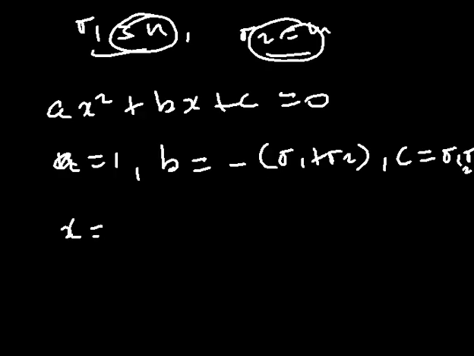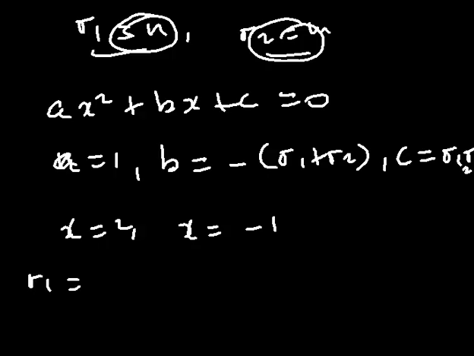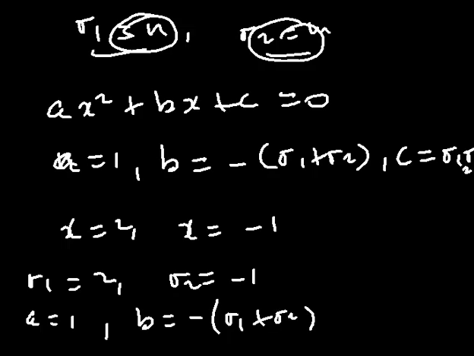Let's say we have x is equal to 2 and x is equal to negative 1. What is the quadratic equation corresponding to these roots? Now in this case, root 1 is 2 and root 2 is negative 1. Using the formula, a is 1 since only the roots have been given, b is negative of root 1 plus root 2, and c is root 1 times root 2.